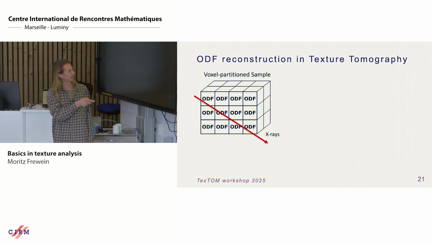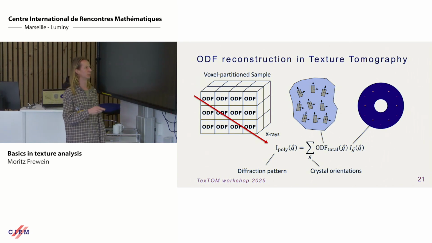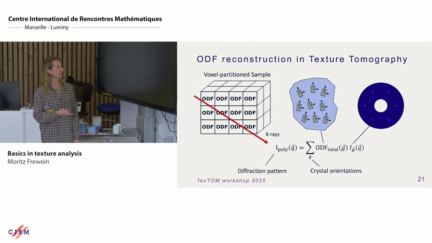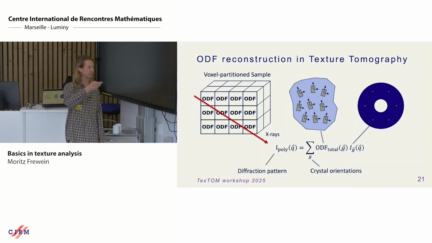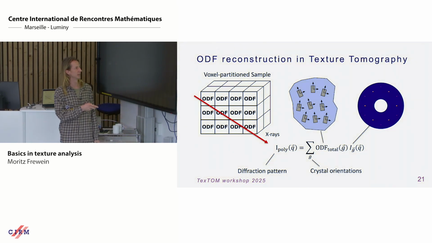We project this ODF through, we get a total orientation distribution function for everything that lies on the way of the X-rays. And this, again, we sum over the single crystal diffraction patterns, and we get the diffraction pattern for this orientation.